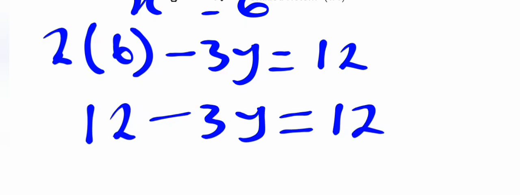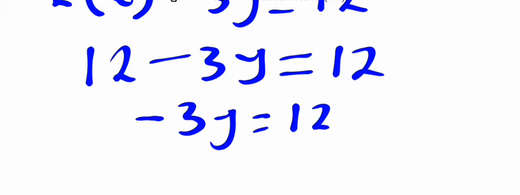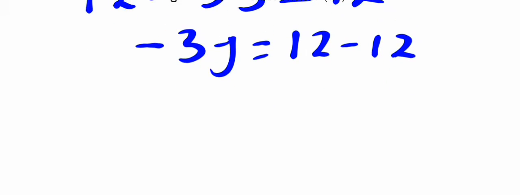So by the time we solve this now, collect the like terms here. You can take 12 to that side, remain minus 3y here. So we have minus 3y equals 12 minus 12. That's minus 3y equals 12 minus 12, 0.